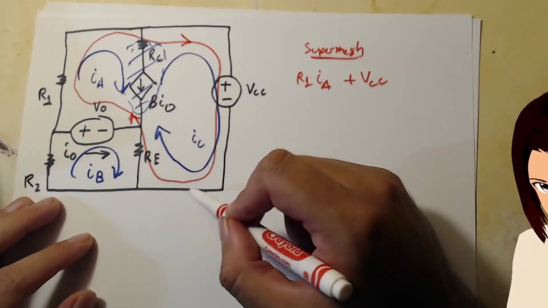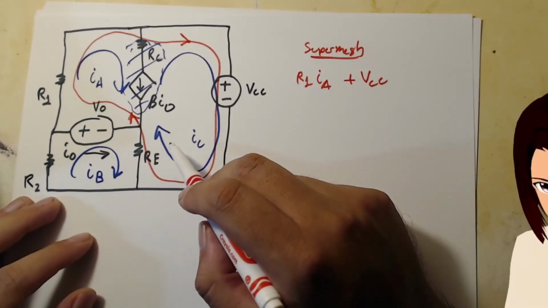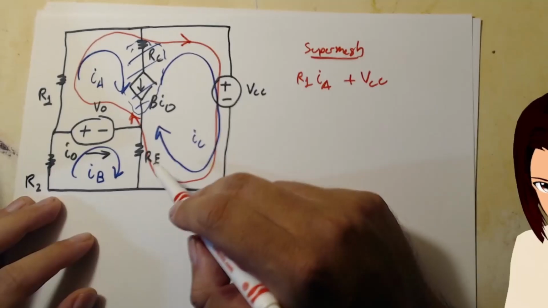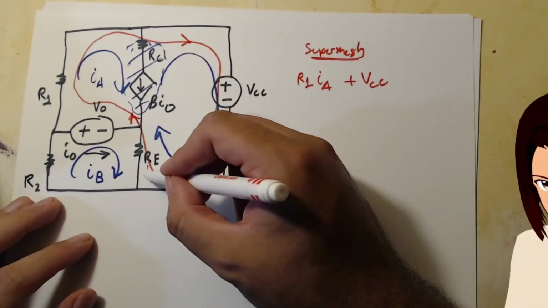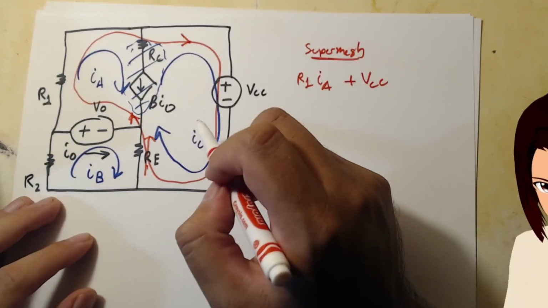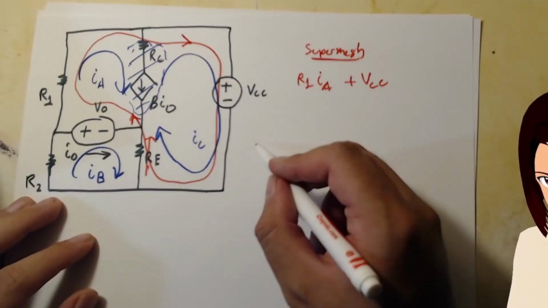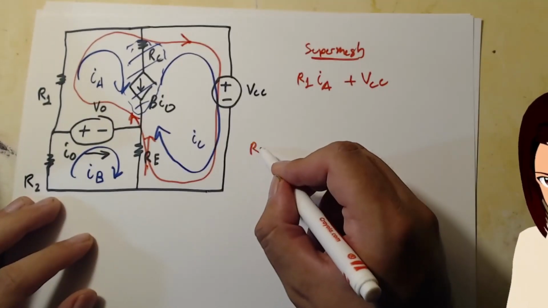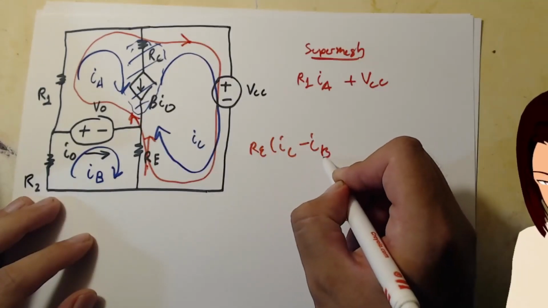And now we go all the way here. RE is shared with IC and IB. So we imagine that the current going through here is like this, because we're looking at this mesh. And because of that, we could normally write it as RE going through IC minus IB.